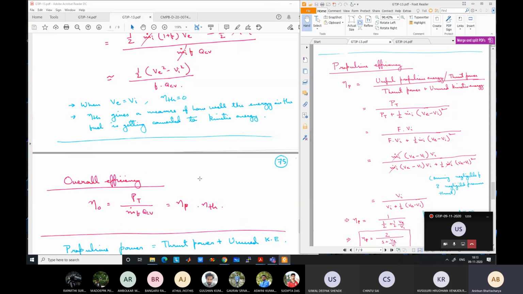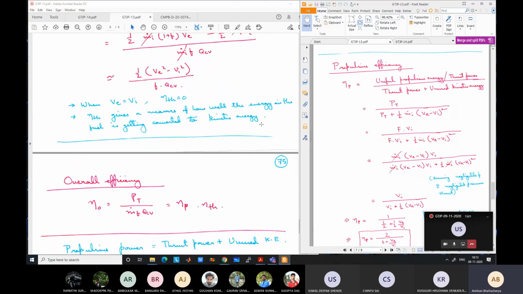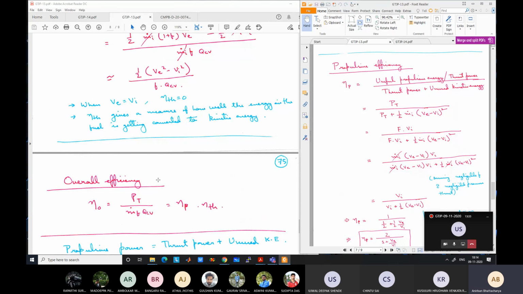Now one question that can come to your mind is whether this is actually equal to eta P into eta thermal, because we are seeing from the equations that these two are different. This PT by m dot f QCV can only be equal if this propulsive power, this numerator, is equal to the denominator here. PT by propulsive power into propulsive power by m dot f QCV should give you PT by m dot f QCV.